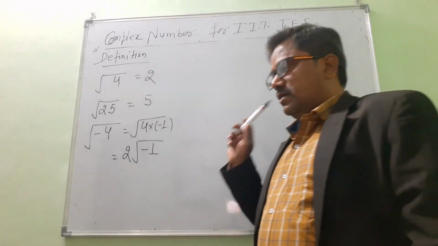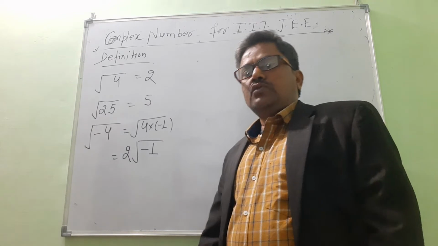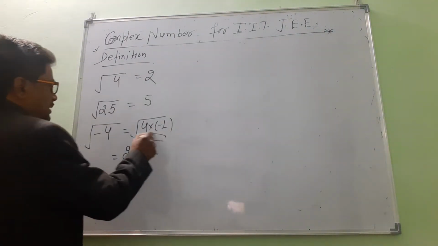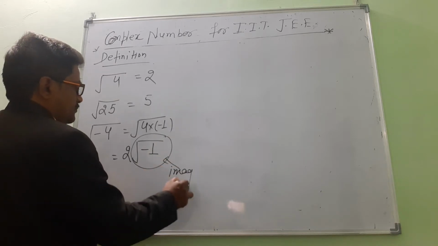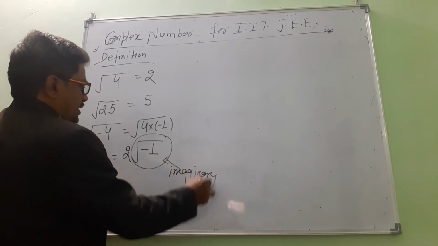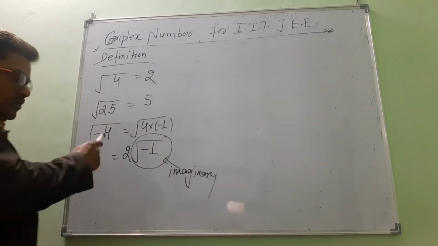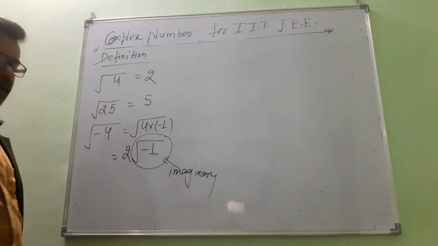No one in world can find the value of root minus 1. So what to do? We suppose this is imaginary. No real number can be found equal to root minus 1. So we suppose this is an imaginary number.